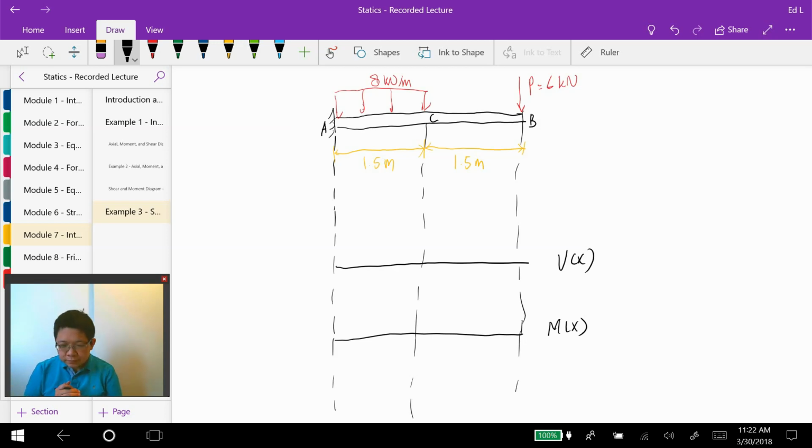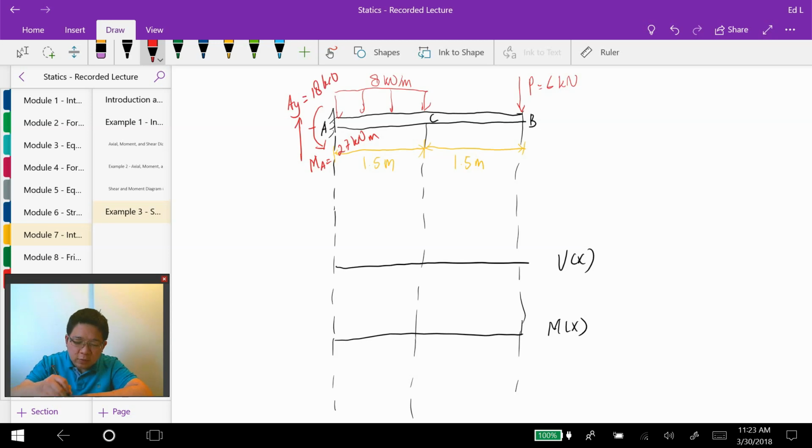Before plotting the diagrams, we have to first calculate the reactions at the supports, and I will leave this as an exercise for you. I hope you have time to double check that the reactional moment, M at A, is 27 kilonewton meter, and AY, the reactional support in the Y direction, is 18 kilonewton.